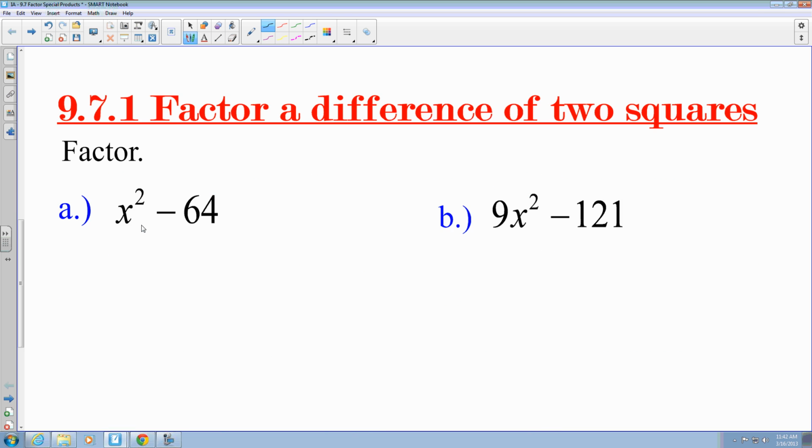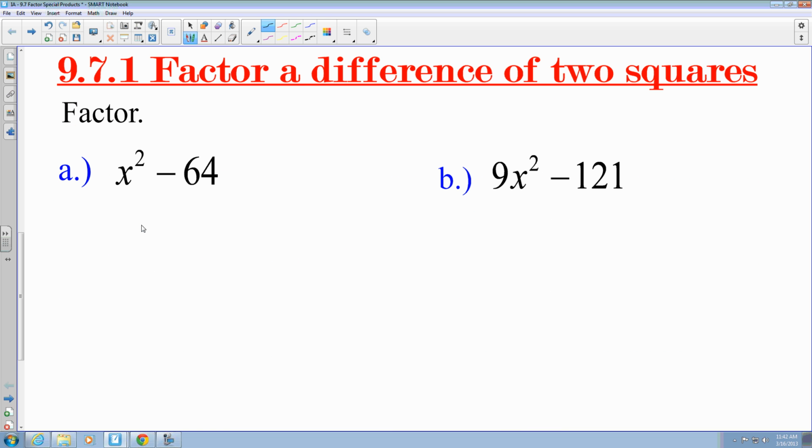So looking at examples A and B, I have x squared minus 64. With no x term in there, automatically I see that this is probably going to be a difference of two squares, the whole a squared minus b squared.